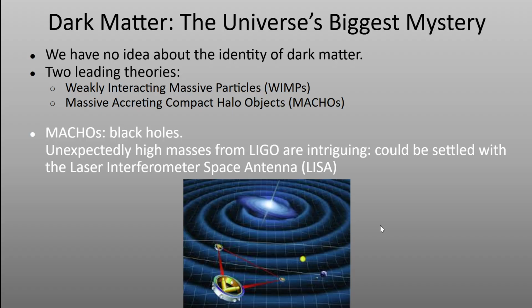The other class, again, is maybe black holes, and LIGO has some interesting results. And we will really have to wait for LISA, the Laser Interferometer Space Antenna, which is being led by the European Space Agency, to really know, arguably, the answer here. And LISA is the number one priority of the European Space Agency.